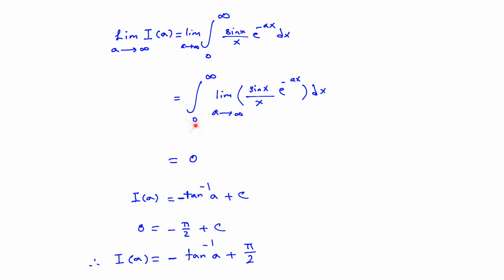This limit is going to be integral 0 to infinity of the limit of sine of x over x e to the power of minus ax dx as a approaches infinity, which is integral of 0 to infinity 0 dx, that is 0.